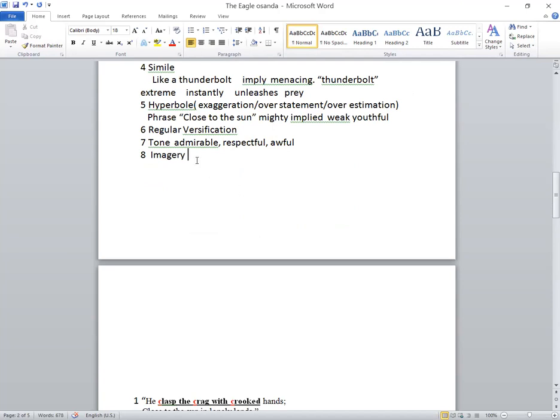Yes, language that produces pictures in the mind of the people reading or listening. Very good. Imagery. We call them mental pictures.